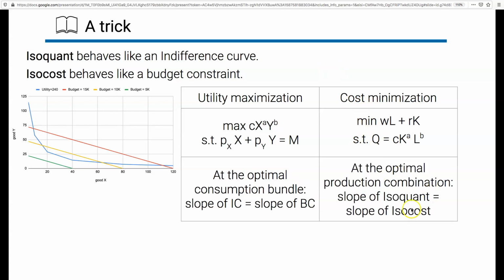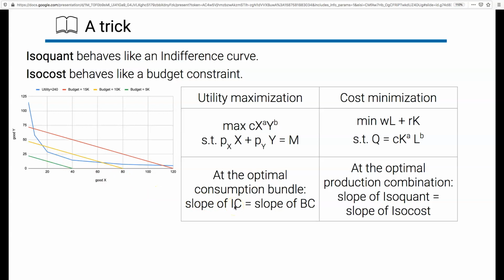The slope of the isoquant, the slope of the blue line, has to be the same as the slope of the isocost, the yellow or the red line. Again, to minimize the cost, if you want to find the line that is closest to the origin, keep moving it down until you're only slightly touching the isoquant. So the same principle. At the optimal point, the two curves have to be tangent to each other, so that their slopes have to be the same.